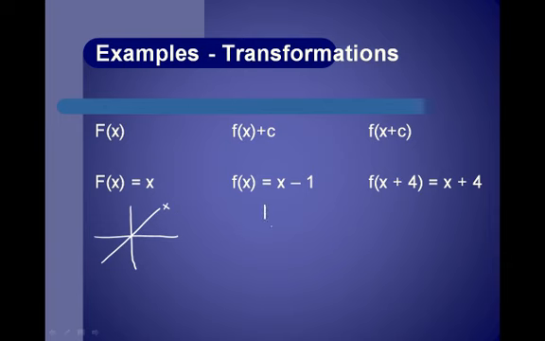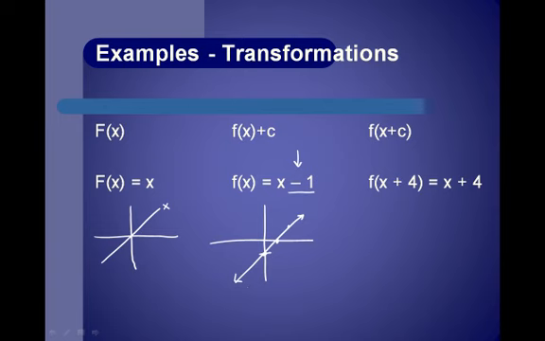Now the second one, to do the transformation on it, because it's on the end, that means we're going to shift it down, and we're going to go down 1 unit, and then we're still going to put our same line in there that goes up 1 over 1, up 1 over 1, and that graph is going to look just like the first one, but it's going to be shifted down 1.